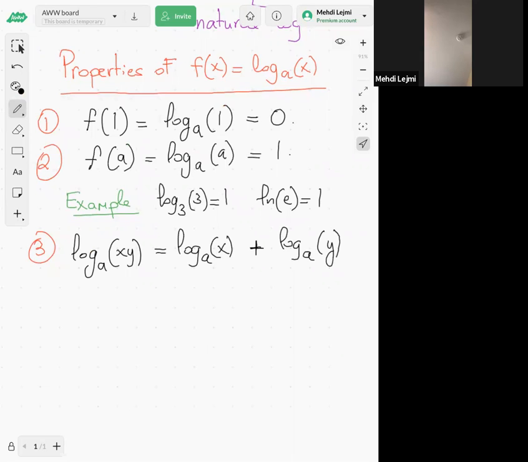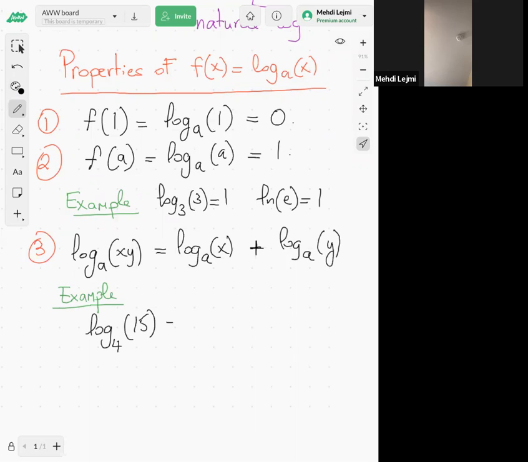So all I'm saying, guys, is that the log of a product is the sum of the logs. For example, let's say you have log of 15, in base 4.